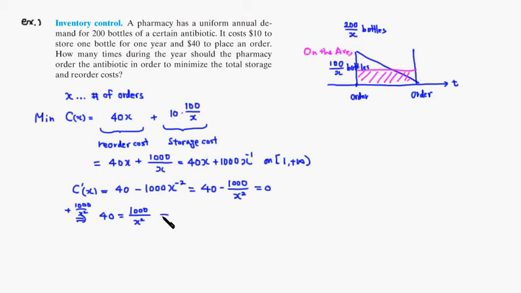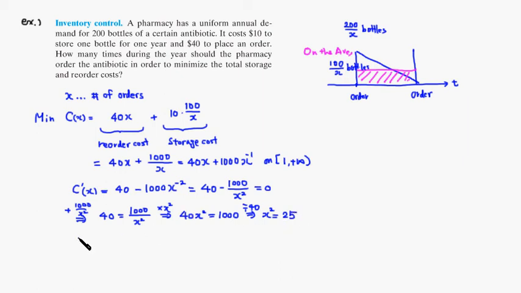Next step, I don't like fractions, so I'm going to multiply both sides by x squared. You get 40 x squared equals 1000. Then we can divide through by 40, so x squared is by itself, and 1000 divided by 40 is 25.